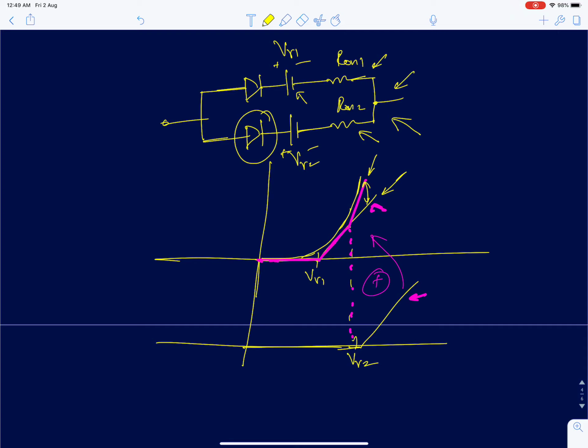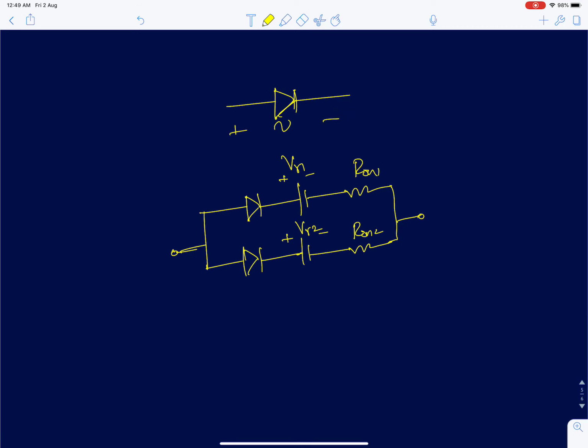Now if V is the voltage across this diode, I can very easily show that for V less than V gamma 1, both the diodes are going to be off. Here it is assumed that V gamma 2 is greater than V gamma 1. When your voltage is greater than V gamma 1 but less than V gamma 2, only one path will be on.